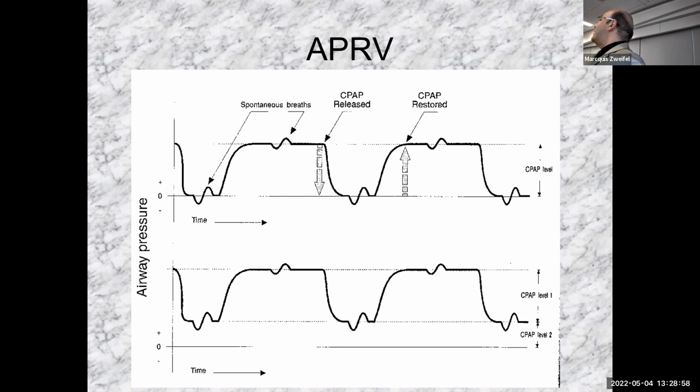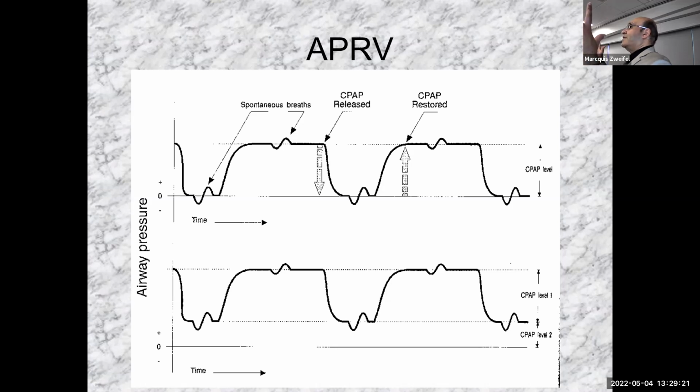It's mainly recruiting alveoli, because you are using very high pressure. Most of the time your patient's pressure will be very close to the pressure high. Your mean airway pressure will be here. So you are using very high pressure. You open some alveoli. If you go to pressure 0, what will happen to these opened alveoli? They will collapse.